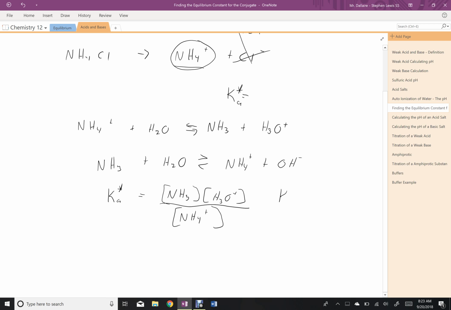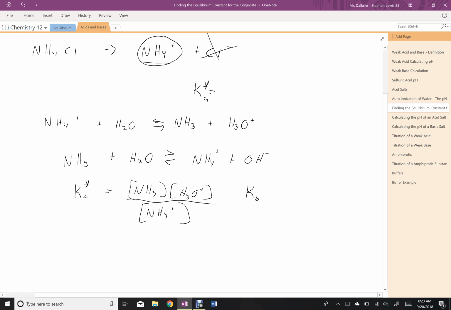And the Kb for the normal forwards process, note there's no star here because it's the normal forward process, is NH4 plus times OH minus, and what am I looking at here? Over NH3.